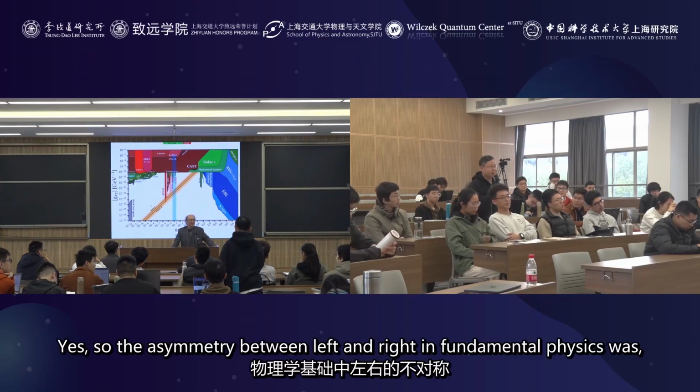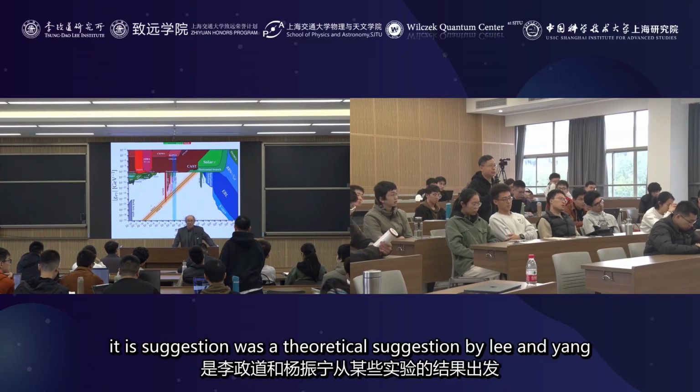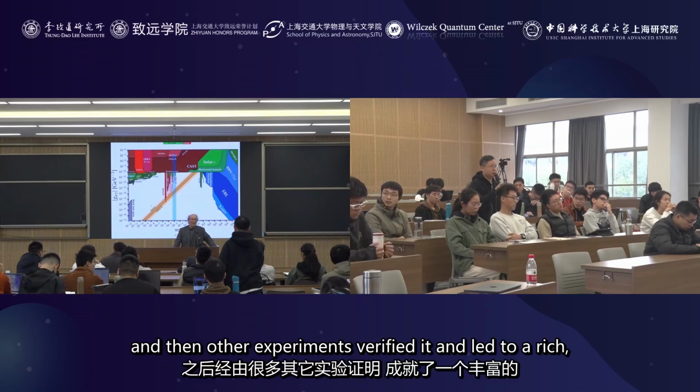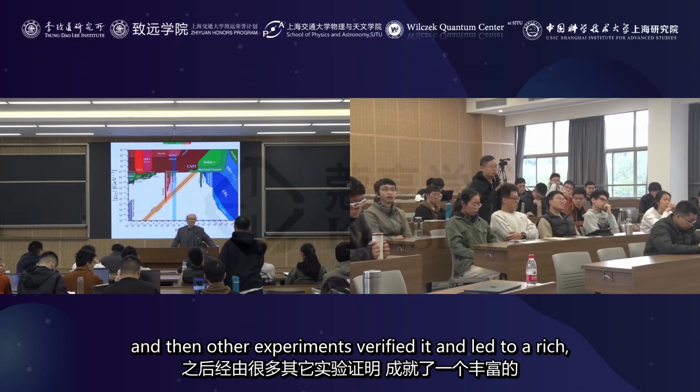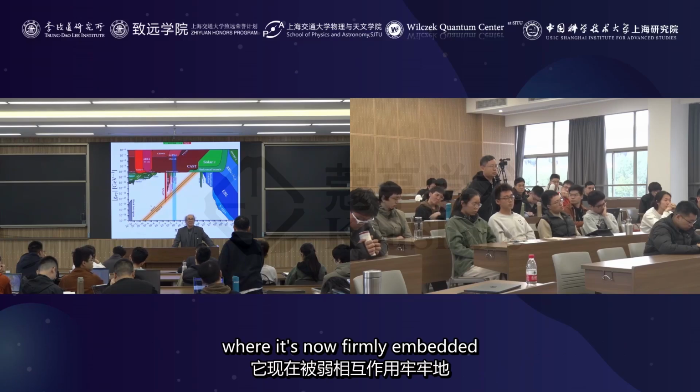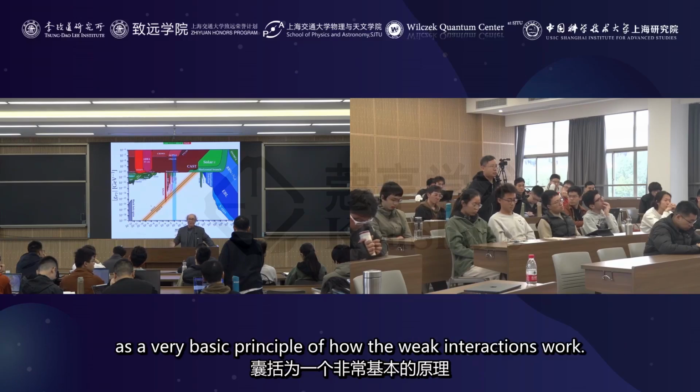So the asymmetry between left and right in fundamental physics was a theoretical suggestion by Lee and Yang based on analysis of certain experiments, and then other experiments verified it and led to a rich, successful theory, and was a very important ingredient in discovering the standard model, where it's now firmly embedded as a very basic principle of how the weak interactions work.